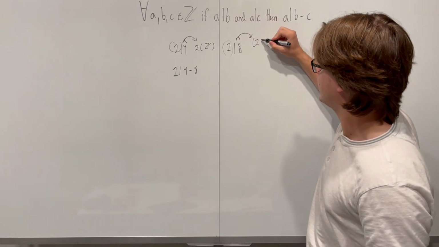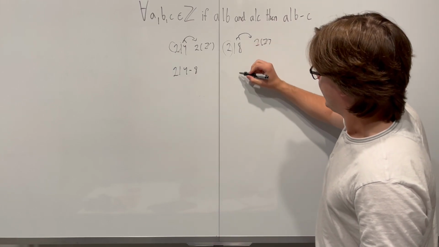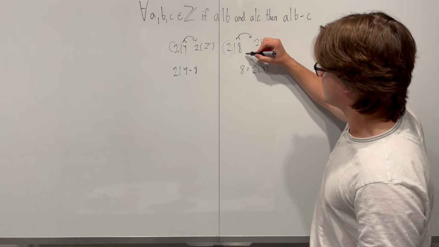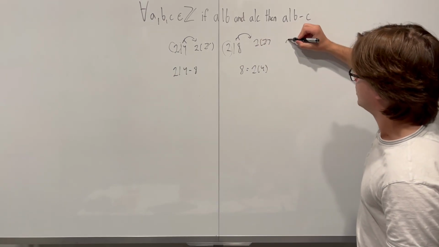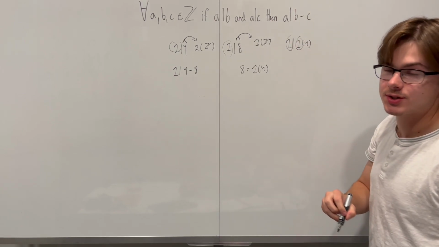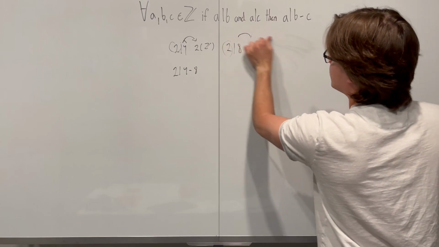That's what we're going to try and get. As I've shown with, for example, 8 can be written as 2 times 4, so this is the same as asking, is 2 divisible by 2 times 4? And because 2 is on both sides, this statement is true. So that's the logic we're going to use here.